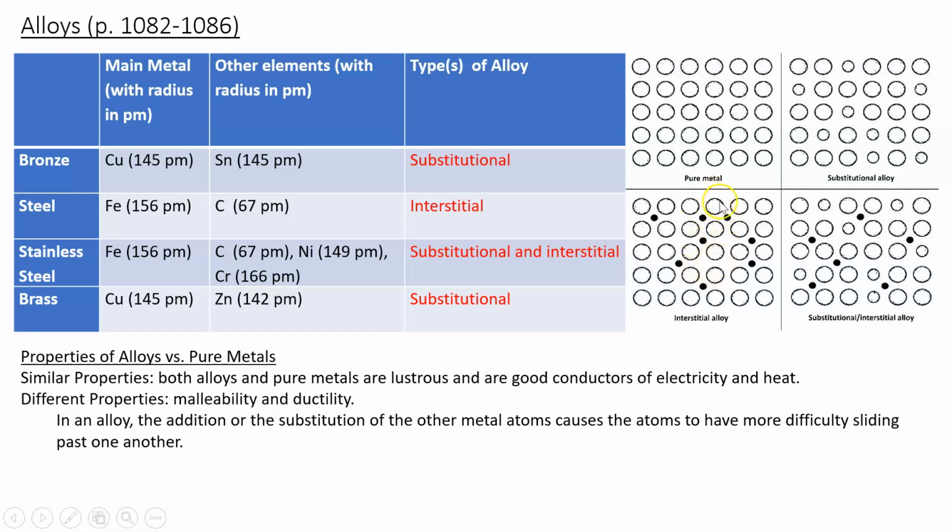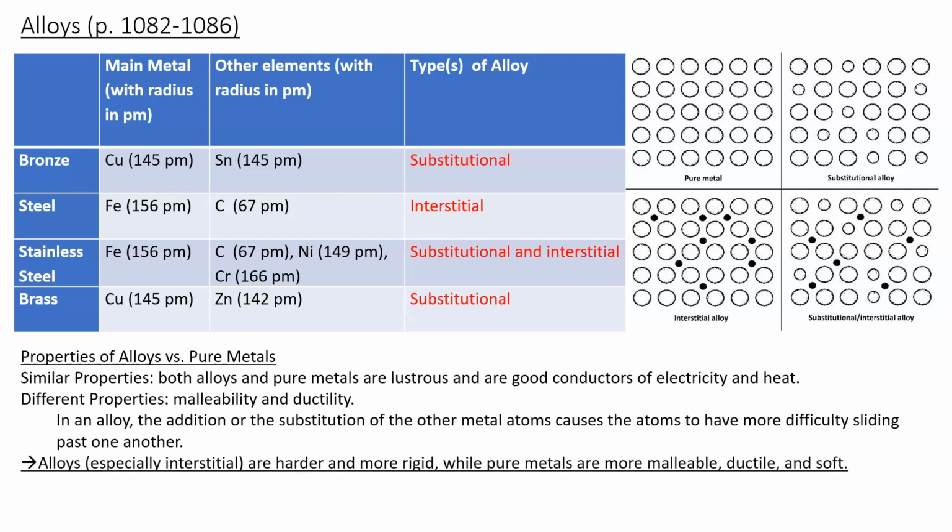It would be harder to get this plane to slide past with those atoms wedged in between than it would be if it was a pure metal. So it makes it a little bit stronger and not as malleable. Alloys, especially interstitial, are harder and more rigid, while pure metals are more malleable, ductile, and soft.